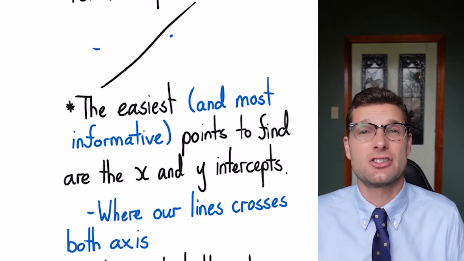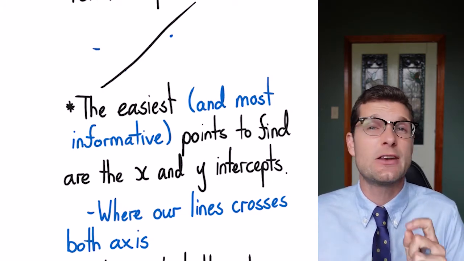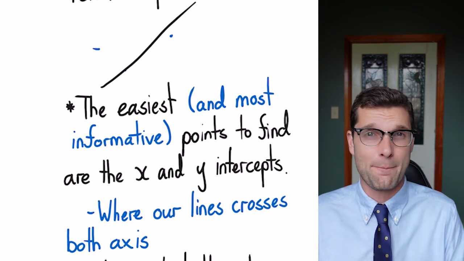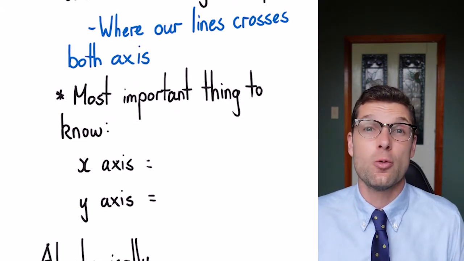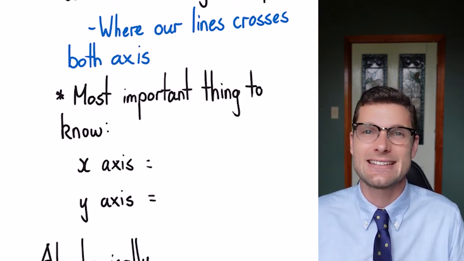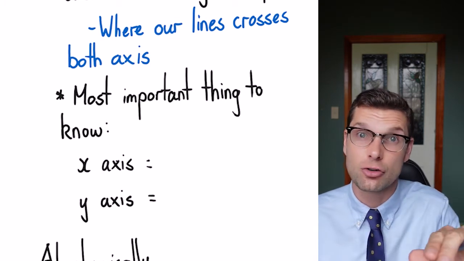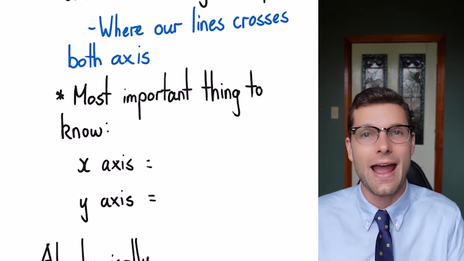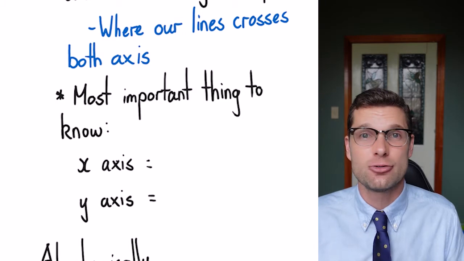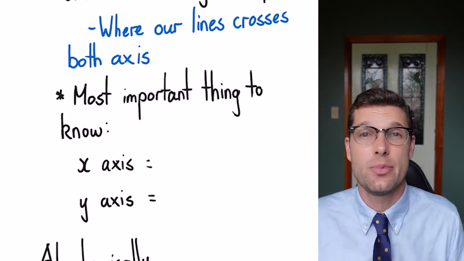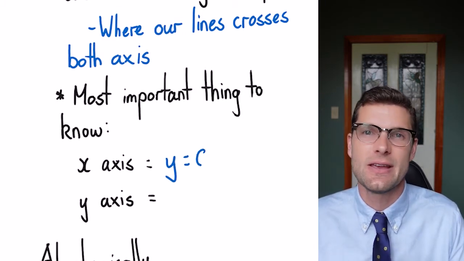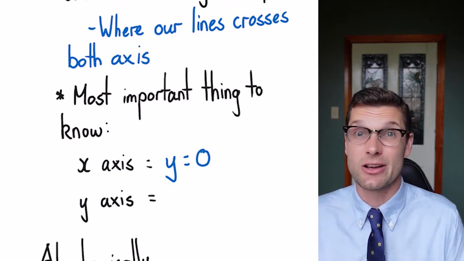The reason that these are so easy to use is because we know one key fact about both of these things. The first thing we know is that when our line crosses the x-axis, so the x-axis goes across, I know for a fact, it does not matter what x is equal to, y is 100% guaranteed to be equal to 0. And then this works the other way as well.